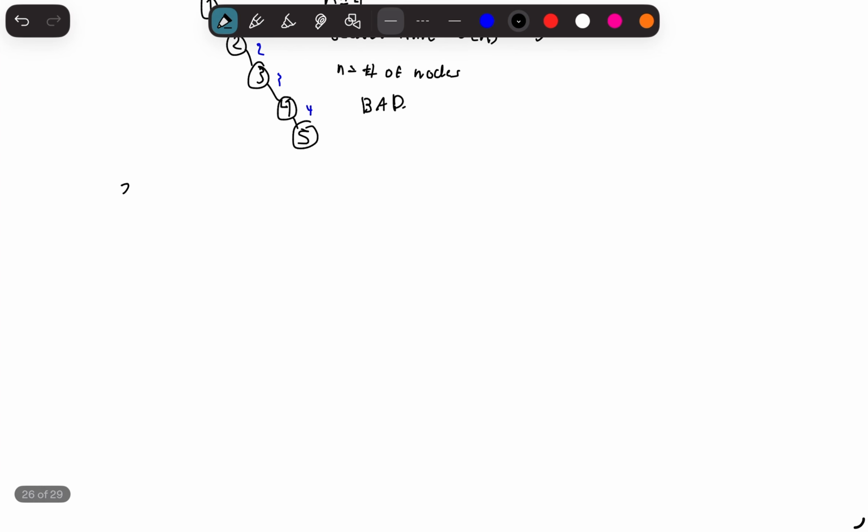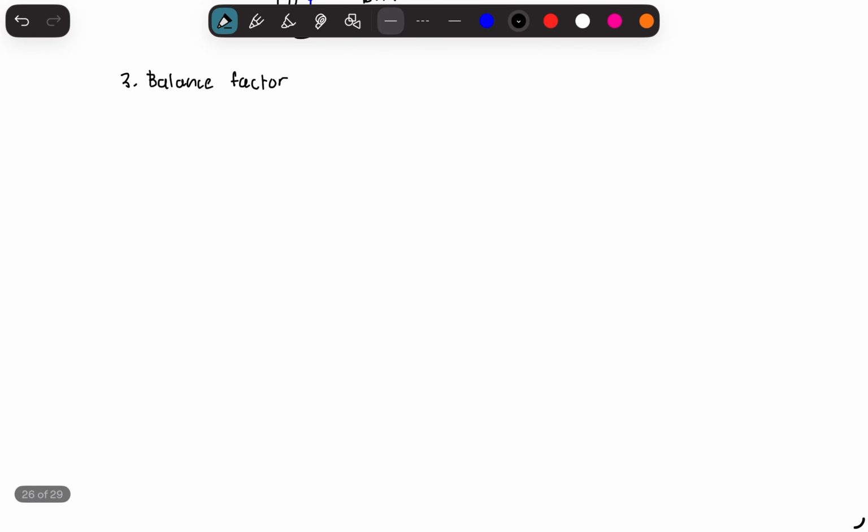Now, let's talk about balance factor. Your balance factor, BF, is going to equal the height of your left subtree minus the height of your right subtree.